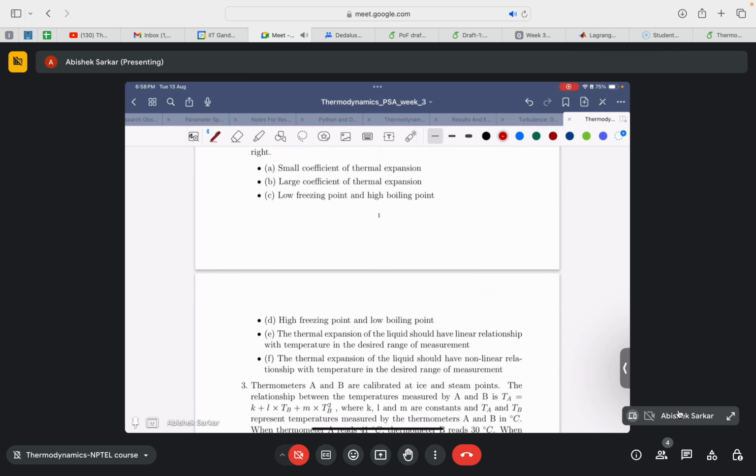So these are the properties of the liquid that we use for measuring temperature in a liquid in glass thermometer. What are the properties that you can say are desirable? More than one option can be correct. So you can write the possible options in the comment box, and then we will try to match our answers.